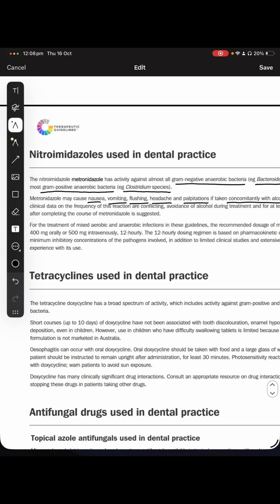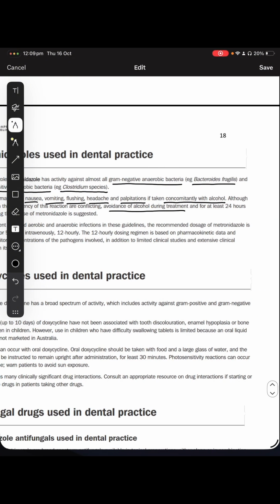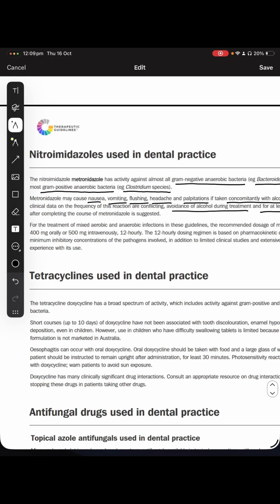Although clinical data on the frequency of these reactions are conflicting, avoidance of alcohol during treatment and for at least 24 hours after completing the course of metronidazole is suggested. So, if the patient is taking alcohol, you may need to advise them to stop drinking alcohol while taking metronidazole, and they can start drinking alcohol again 24 hours after they finish the course.